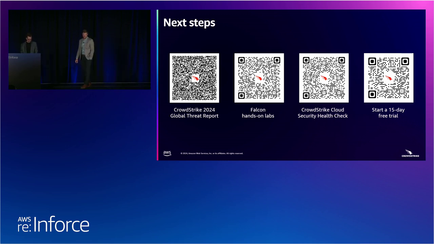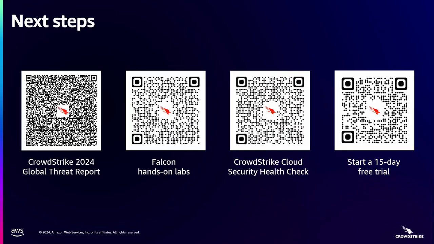Yep. And then the third one, the cloud security health check, will take you to the page where you can fill it out and get in the tracker, so our team can reach out to you to start that health check. And finally, Rob mentioned in his demo that we've got a 15-day free trial as well. What I would say about the free trial is it's super easy to get started.